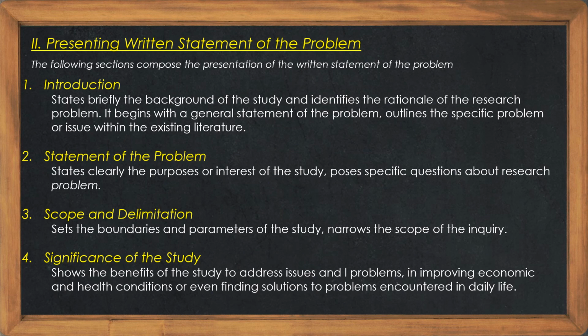For the scope and delimitation, set the boundaries and parameters of the study and narrow the scope of the inquiry. And for the significance of the study, show the benefits of the study in addressing issues and problems, in improving economic and health conditions, or even finding solutions to problems encountered in daily life.